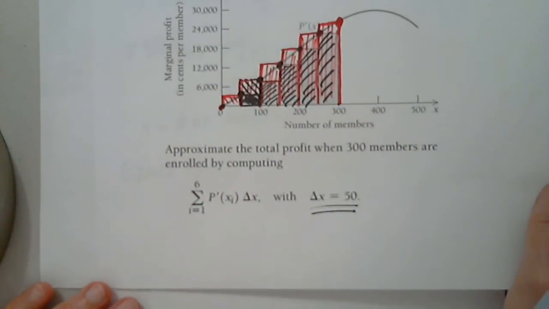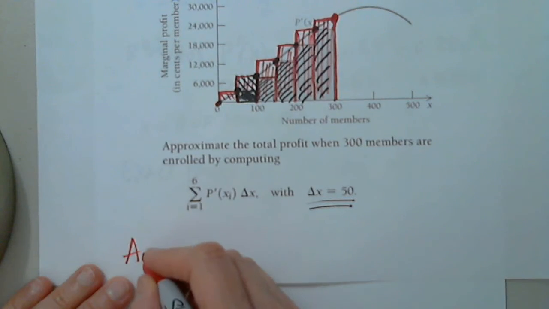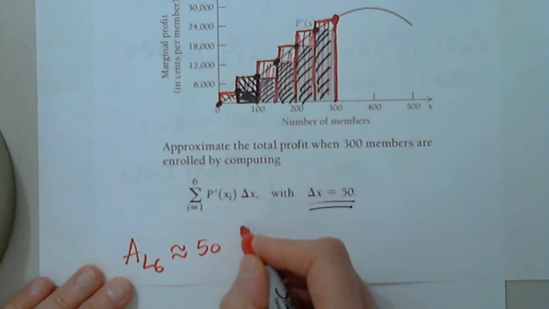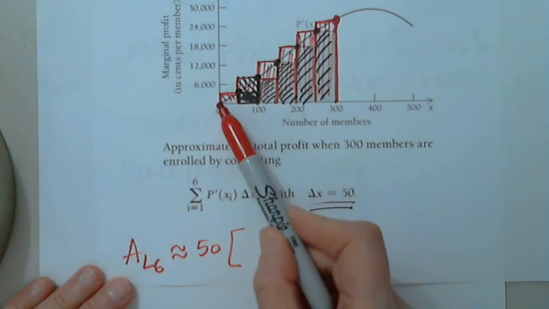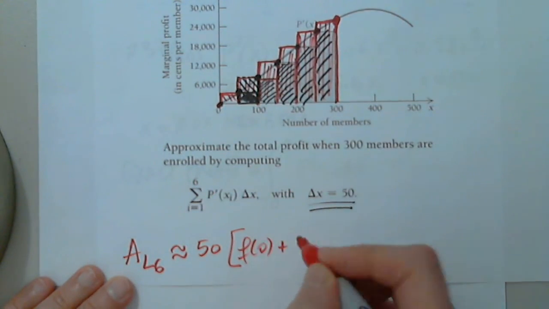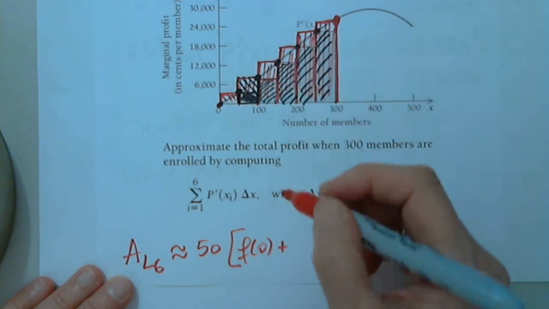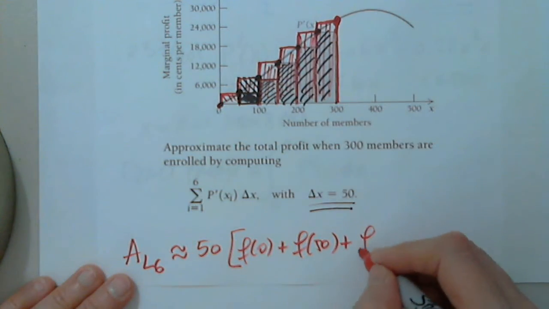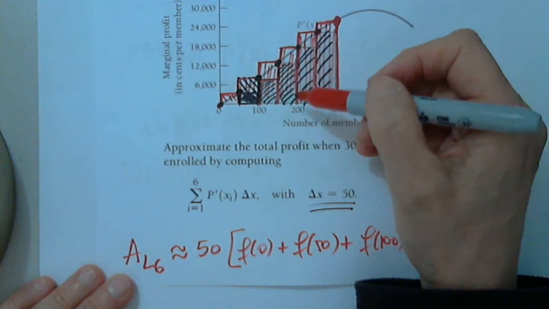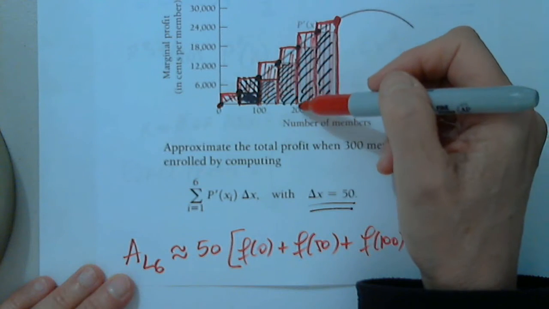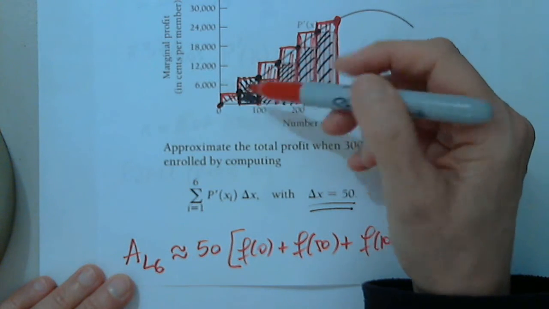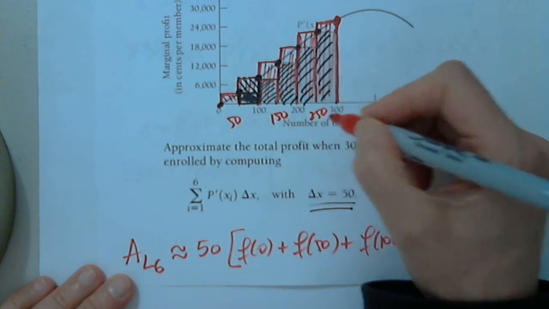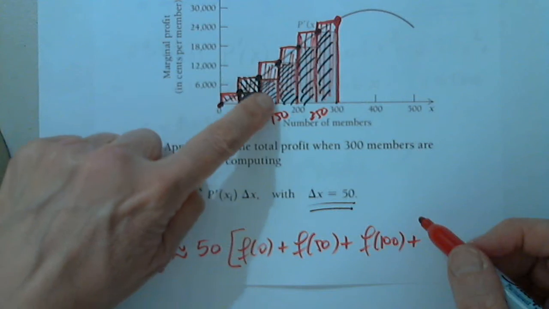Okay, so for the area with left 6 is approximately, of course, delta x is the same, so I have 50. And I have f of 0 plus f of 50 plus f of 100 plus f of 150, so this was 50, 100, 150, 200, 250.